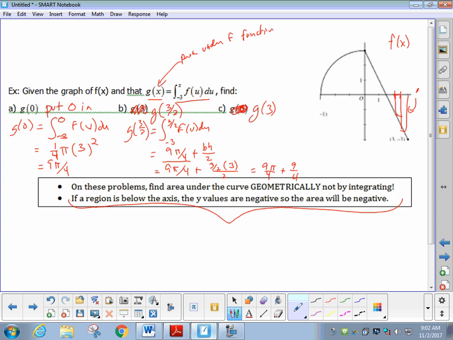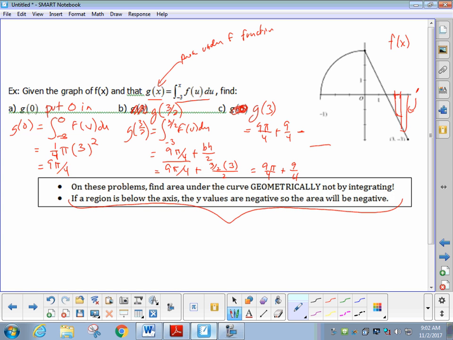And so when you go to find g of 3, it's going to be 9 pi over 4 plus 9/4, what I had before, and then I tack on that extra area, that area will be negative because the y values are negative. I know that kicks students out, negative area, but because often in calculus we want negative change, the negative is okay.